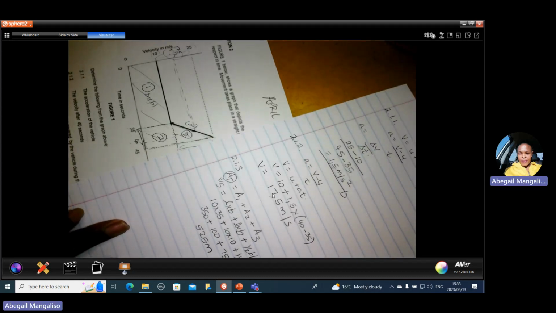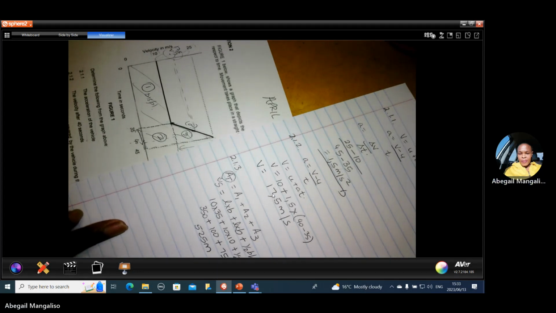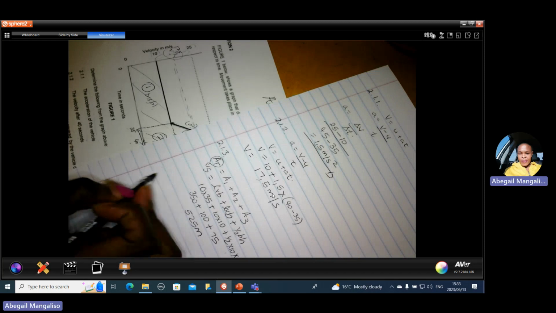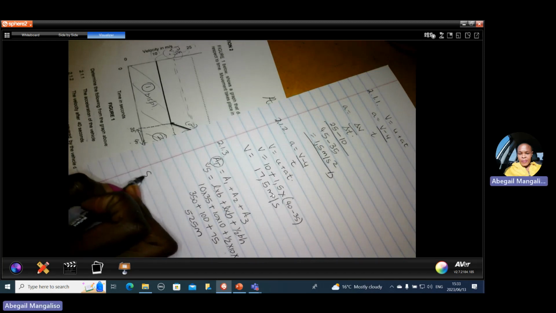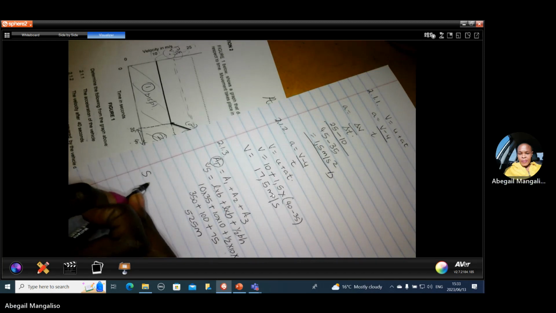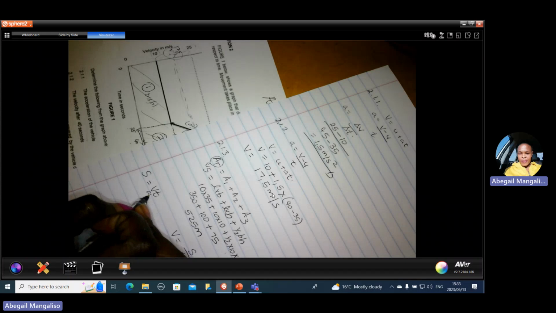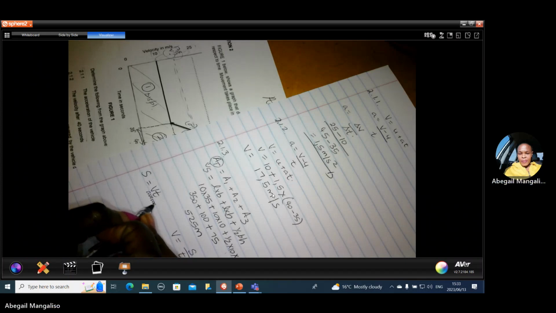Last question is looking for the average velocity of the vehicle. So to calculate average velocity, we use the formula S equal to VT, or velocity equal to rate of change of displacement. This velocity is the average velocity.